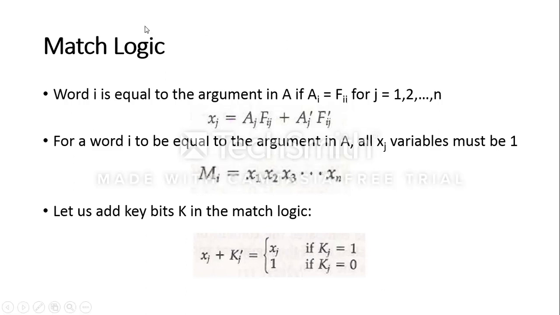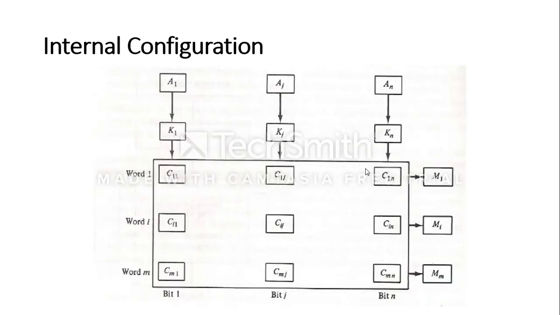For that, you can simply perform the AND operation on all X values that you get using this equation: X1, X2, X3 up to Xn. The AND operation is present on the right hand side between these X values. Whatever is the result of this AND operation, let us call it Mi, and Mi is the corresponding bit for that particular word in the match register.